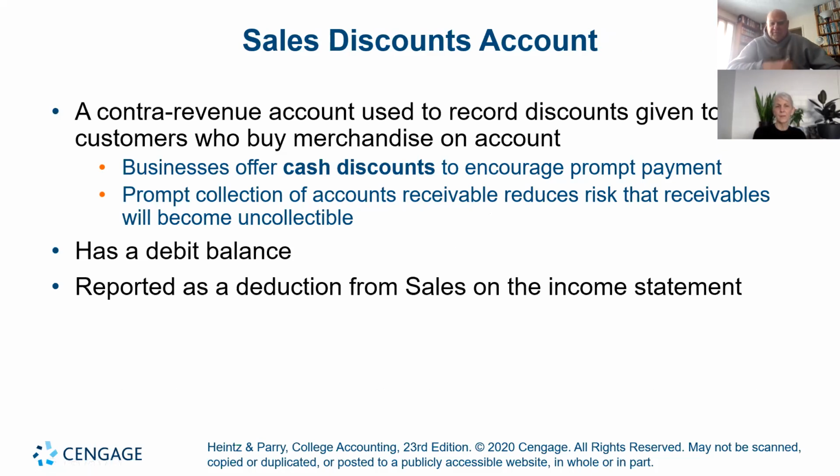I don't think they needed to put that in there. Yes, the best way to make sure your receivables are good is to collect them, huh? Right. So sales discounts is a contra sales account. Thus, it has a debit balance. And on your income statement, you're going to start with sales, maybe minus sales returns and allowances, minus sales discounts.